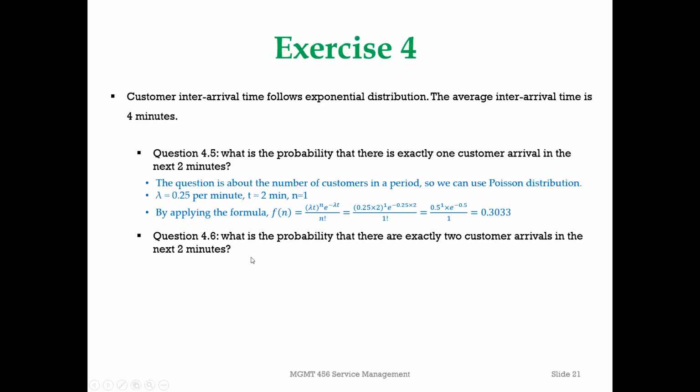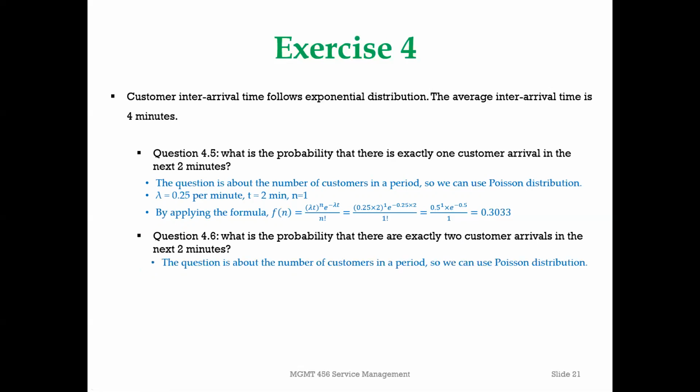The last question, question 4.6: what is the probability that there are exactly 2 customer arrivals in the next 2 minutes? Again, 2 customers in 2 minutes. We cannot use the exponential distribution; only if there are 0 customers can you use it as well. So the only way to approach the question is the Poisson distribution.